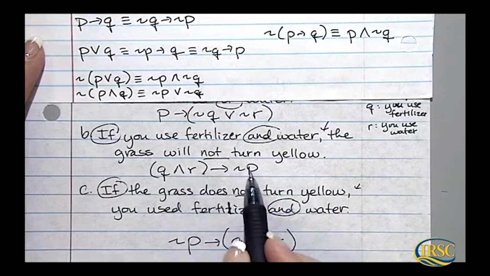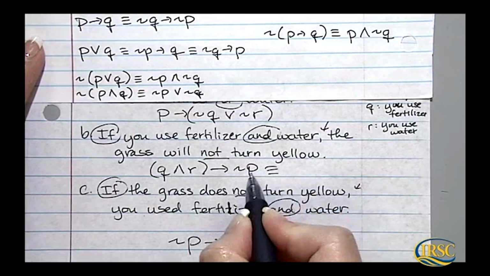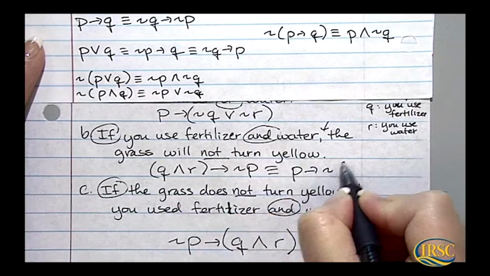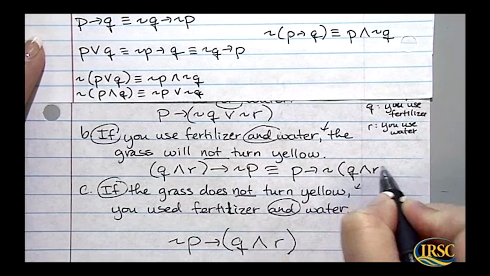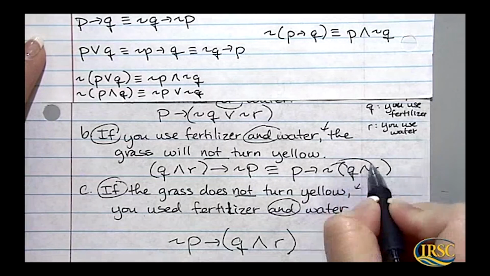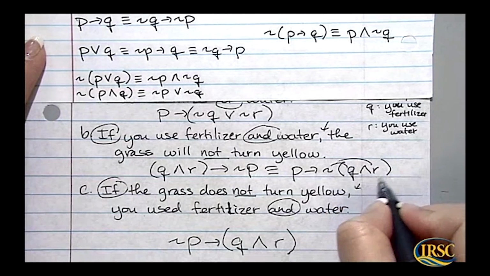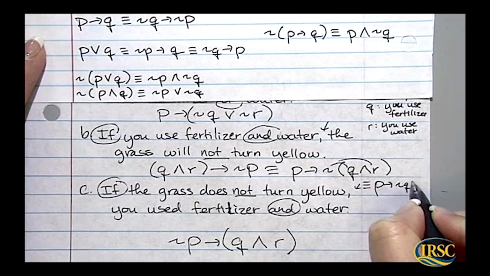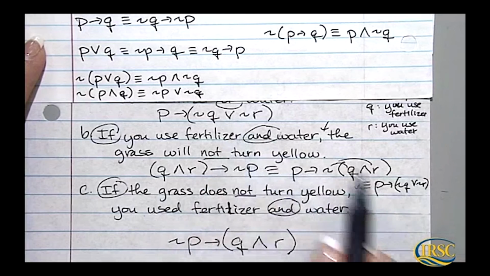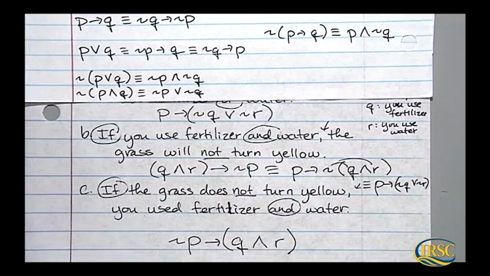So if you take this one and reverse it, then that is equivalent to starting out with a P, then we're negating this entire parentheses. But what happens when we negate a parentheses with an and? Right, we're going to distribute, and so that gives us P, then not Q, and not R, which, yes, is the first one. See how it completely matches the first one. So we know A and B are equivalent.